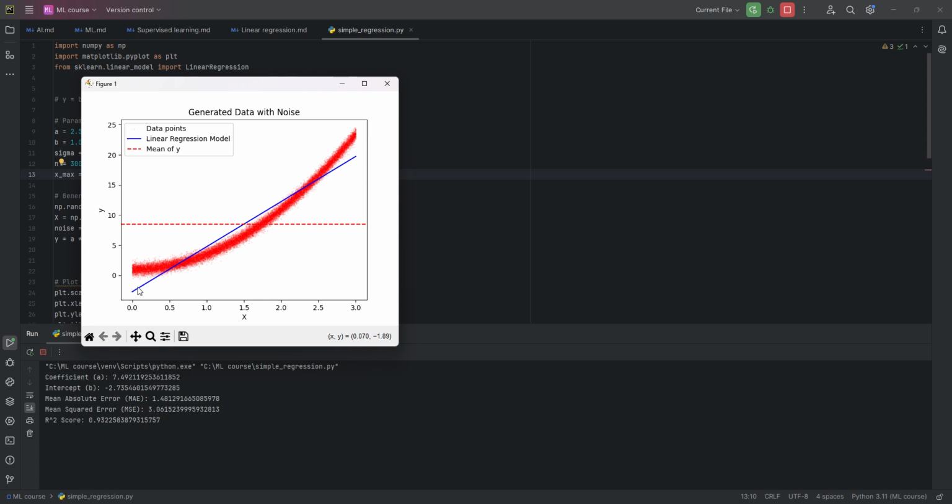You can see that a linear model does not fit our data perfectly here. But for this interval between 0 to 3, you can see that the R square score is not that bad.